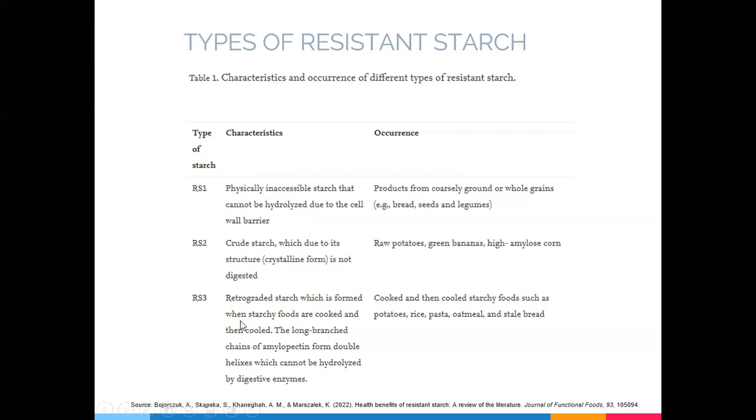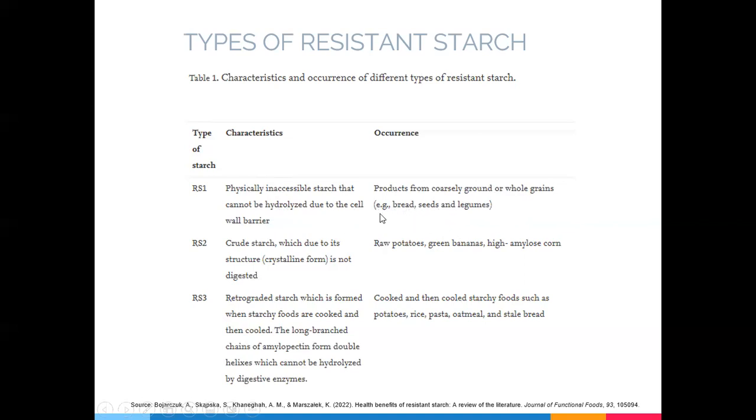So for RS1, again, this starch is physically inaccessible due to its location in a certain compartment of the plant cells. Examples of RS1 are those products that are made from coarsely ground or whole grains, like bread, seeds, and legumes.